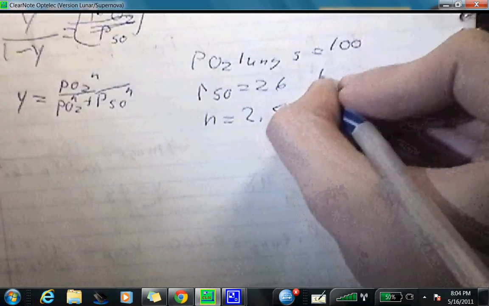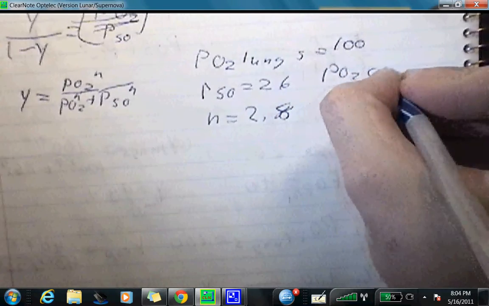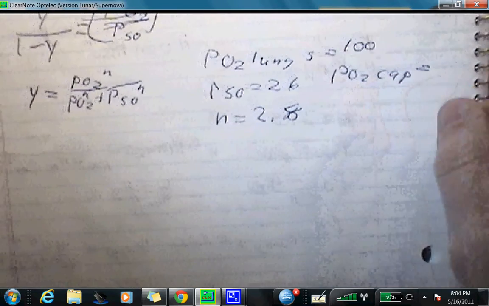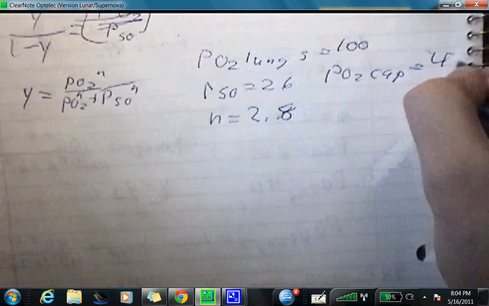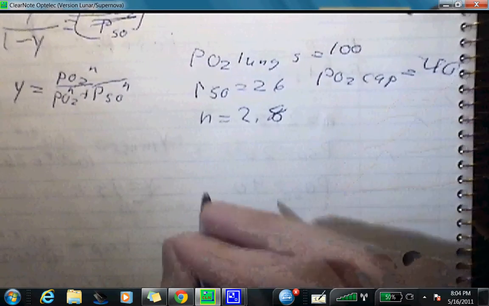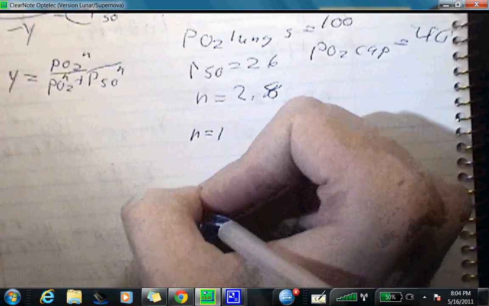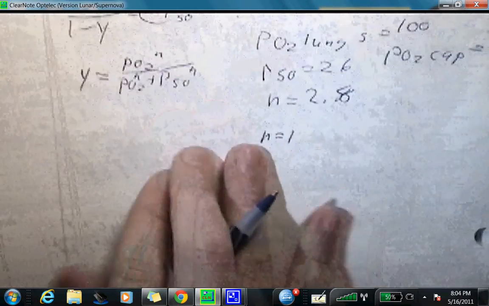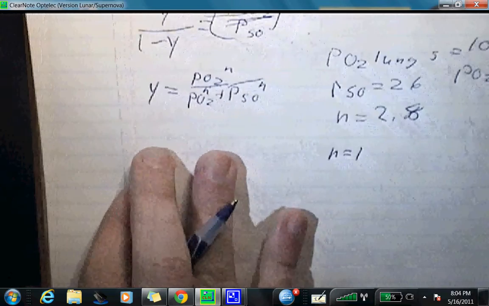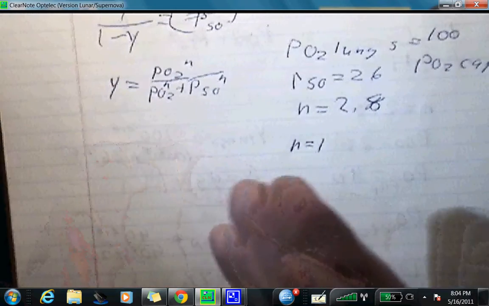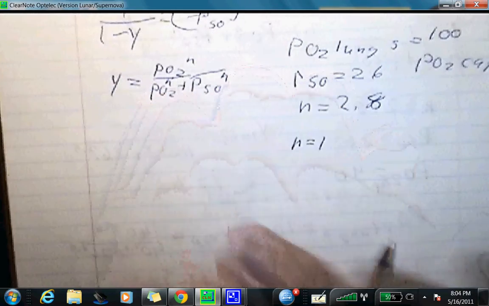And the PO2 in the capillaries is going to equal 40. And then we're going to use the same exact numbers, except this time N equals 1. So from here we can just plug and chug.